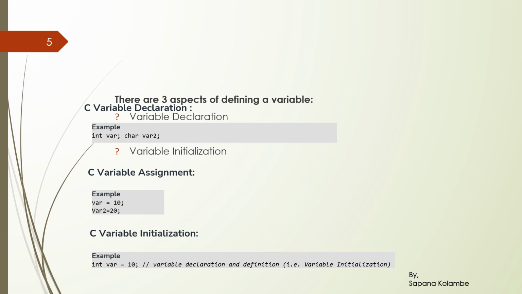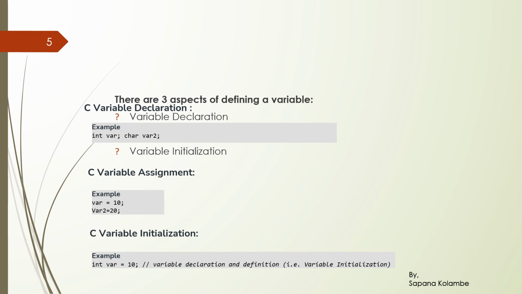Variable declaration means you just declare the variable along with the data type, for example int var or char var2, meaning for which data type you require the variable. Variable assignment means you are assigning some value to your variable. For example, var equal to 10 or var2 equal to 20 means the value 10 is assigned to var and 20 is assigned to the var2 variable.